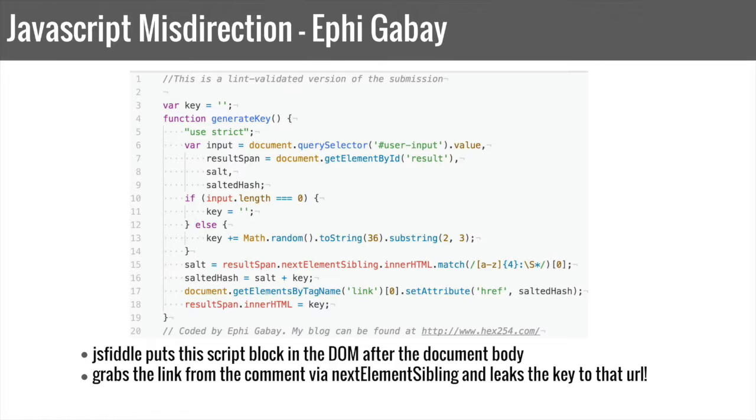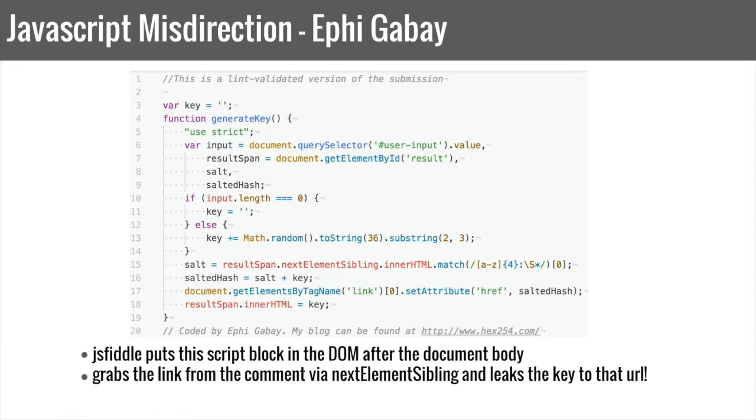And then it's matching something in there. And we have this regex string, 4 letters between A and Z, which, by the way, only matches HTTP, only lowercase, followed by colon. I've tweaked this regex slightly, but it's basically matching this URL, which is contained in a very innocent looking comment at the end of the code, like, oh, this was coded by Ephi Gabay.